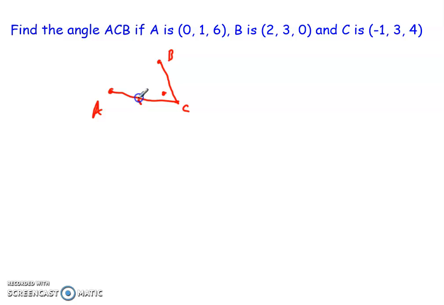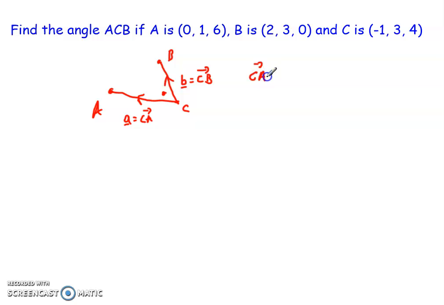So in order to do that, what I've got to do is calculate these 2 vectors to use. So I'm going to let one vector, my little vector A, be the equivalent of the position vector C to A, and my B be the equivalent of my position vector from C to B. So calculate both of these.